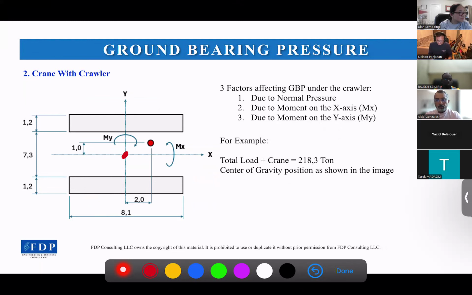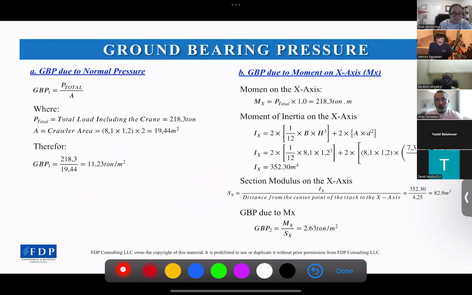No problem. If you use a different location of the origin point, it will show the same value for the ground bearing pressure.